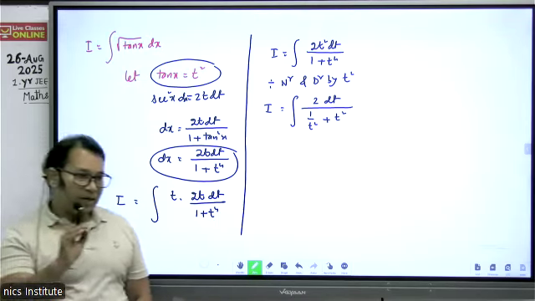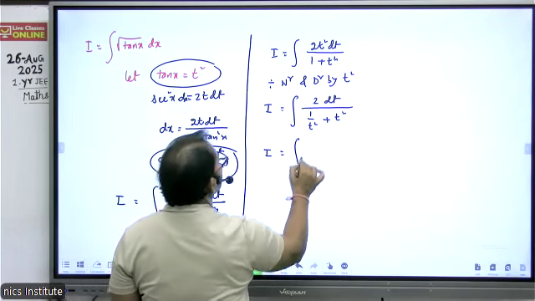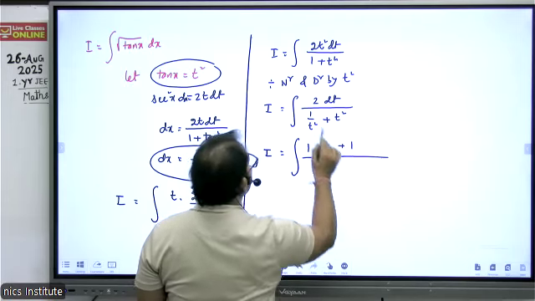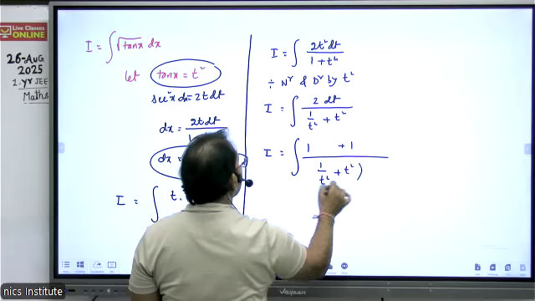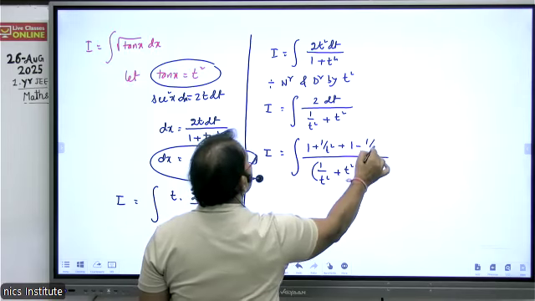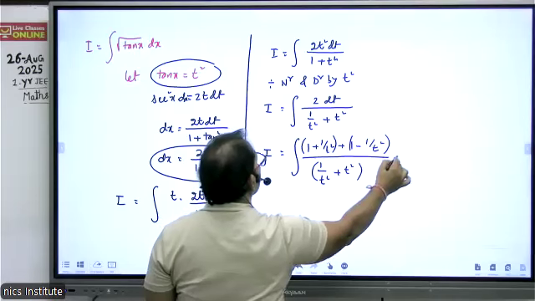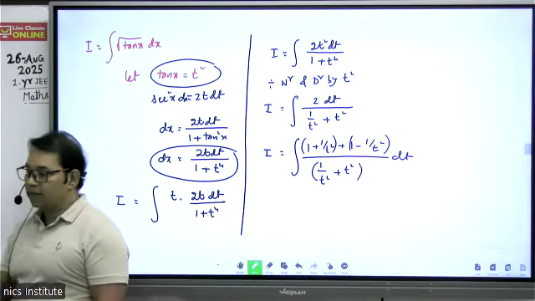And then you split 2 as 1 plus 1. We have split it. And then add 1 by t square and subtract 1 by t square. Adding 1 by t square, subtracting 1 by t square. Split into two parts. Now the same question, same process after that.